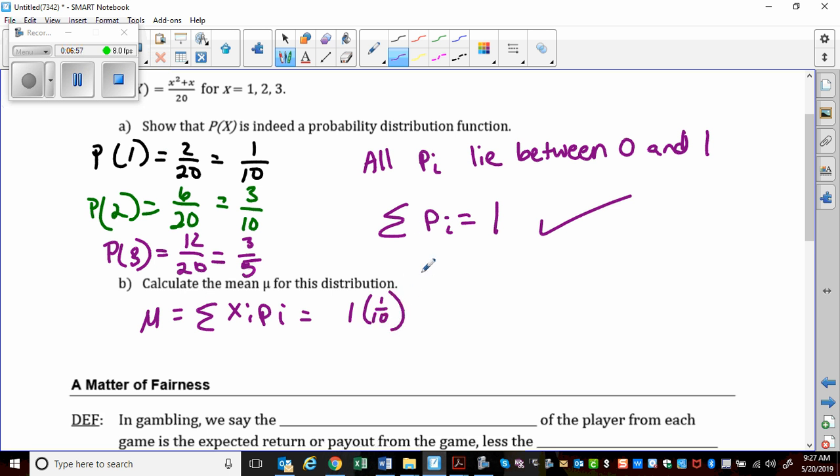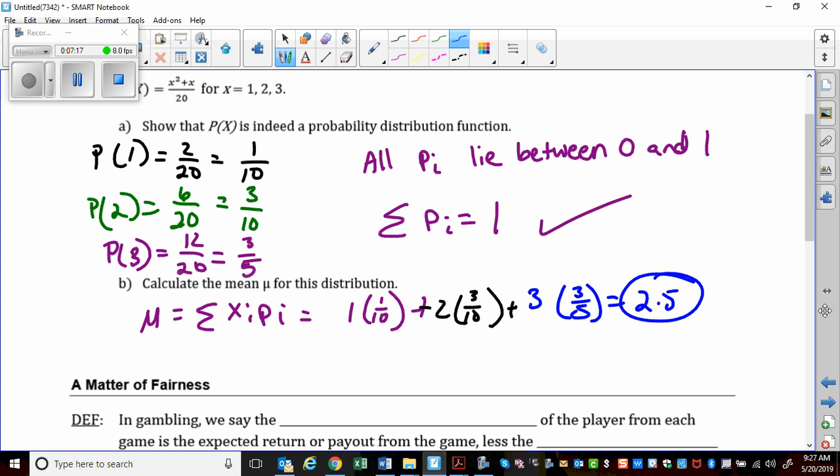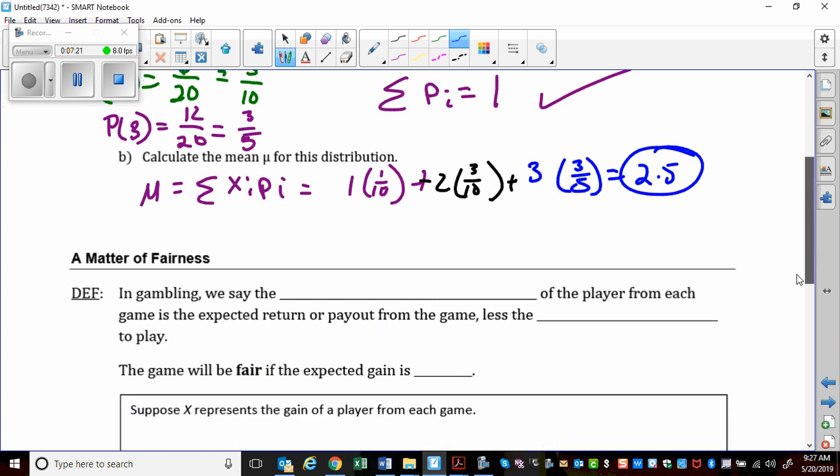Plus 2 times the 3 over 10, and plus 3 times the 3 over 5. I think if you plug this into your calculator, you're going to get 2.5. Can you guys pause it and make sure? That'll be your mean for this distribution.